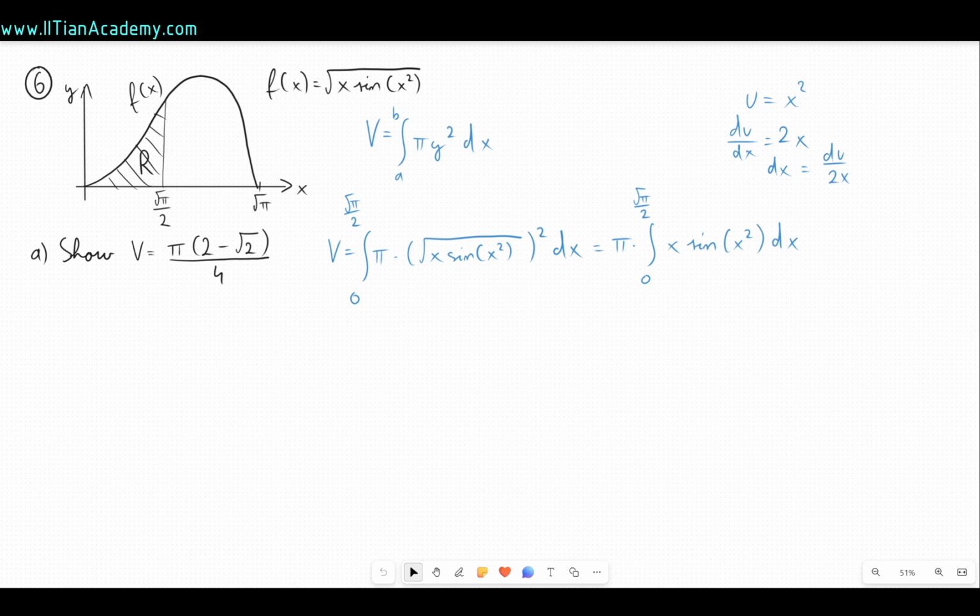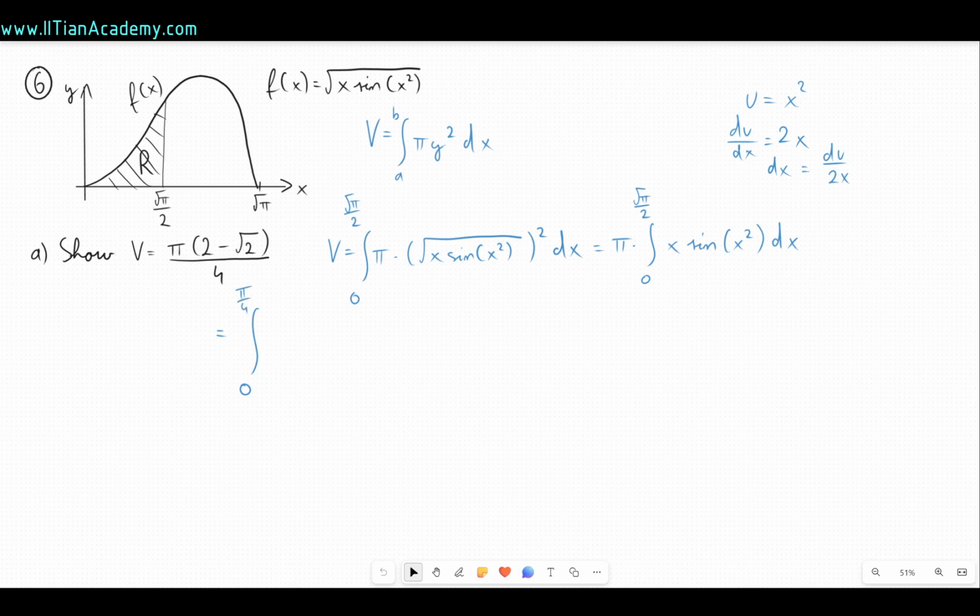Now if we change from the x world to the u world, we also need to change the limits of integration. So we need to see that when x is equal to 0, what is u, and when x is equal to root pi over 2, what is u. So when x is 0, u is also going to be 0 according to this formula. And when x is root pi over 2, then u will be simply pi over 4.